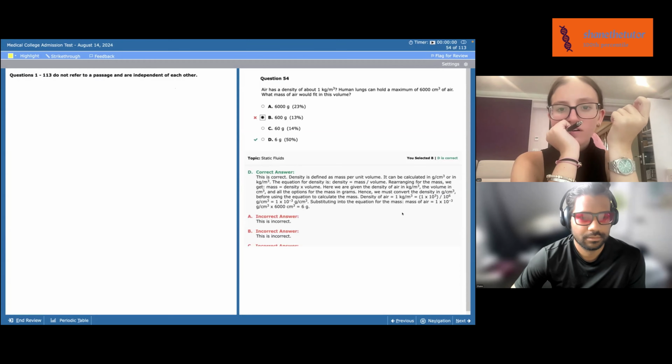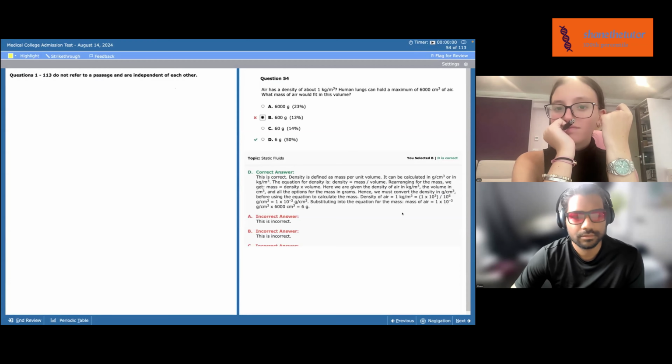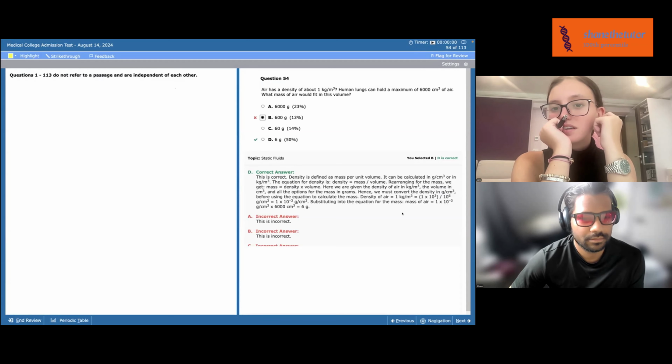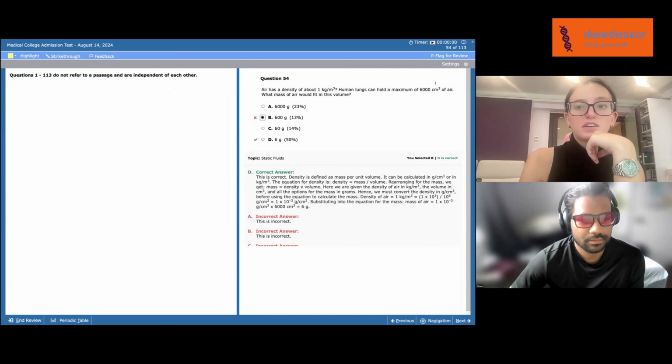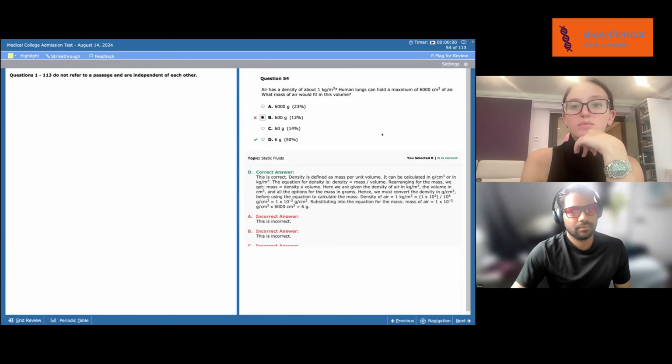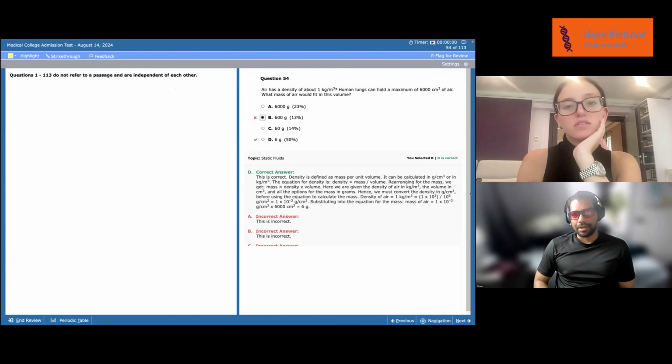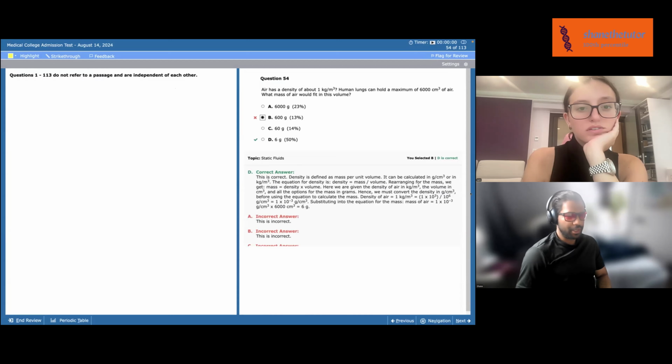I didn't know in which way to combine it in the end, because you have to convert kilos to grams. The cubic meter to cubic centimeter could be pretty tough to calculate.